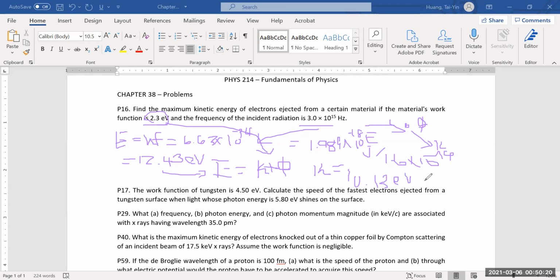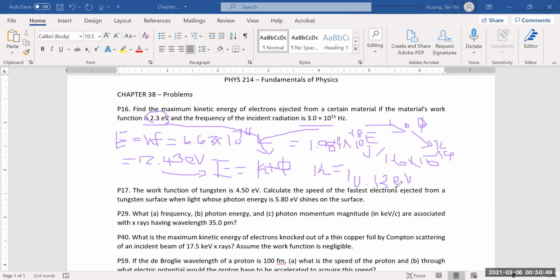Sorry about the handwriting, it's just so difficult to write with the mouse. So it's about 10.13 eV, and if you convert it to joules, you multiply this number by 1.6 times 10 to the negative 19, and the answer will be 1.62 times 10 to the negative 18 joules.